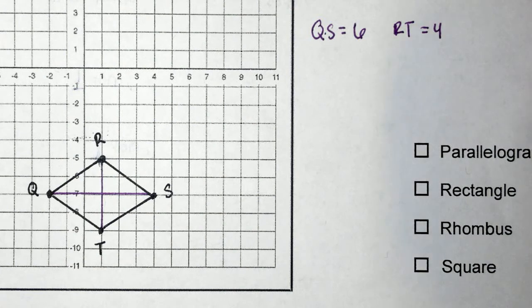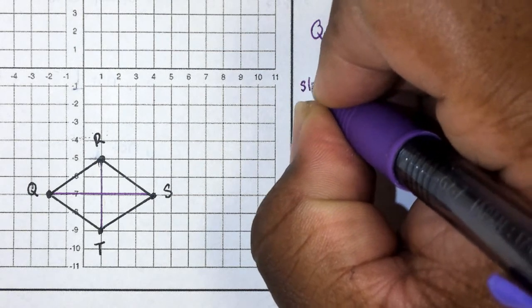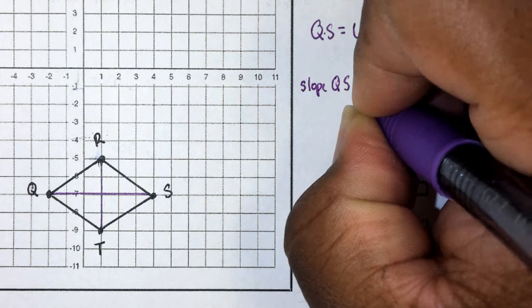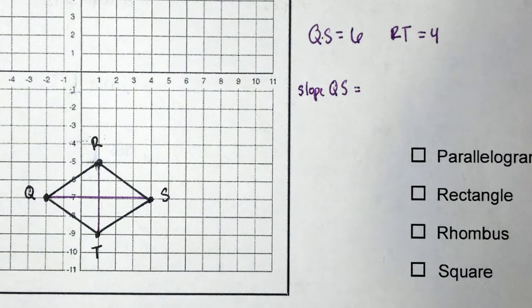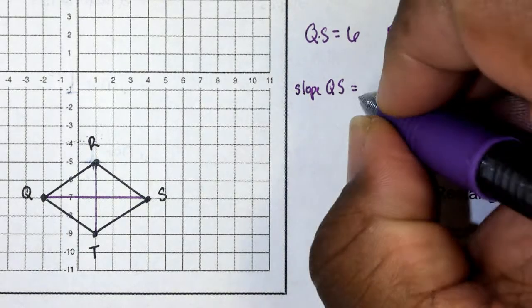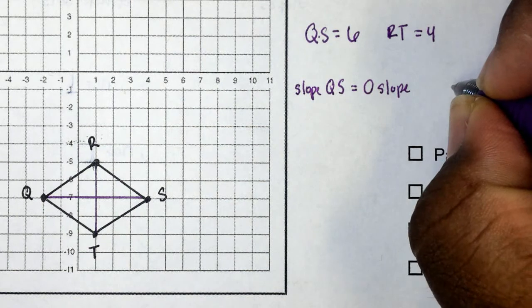And then the other part is checking the slopes to see if they're perpendicular. So on this one, let's see if y'all remember. What's the slope of QS? 0, yeah. QS has 0 slope. Slope of RT.